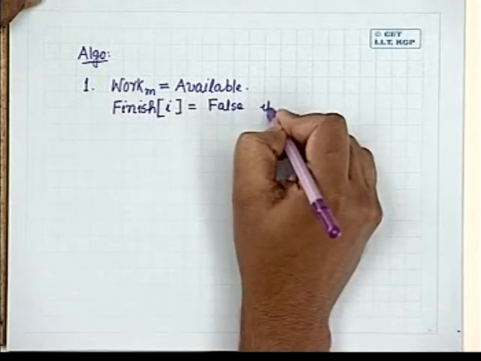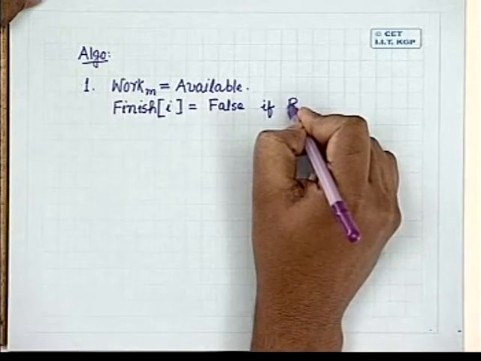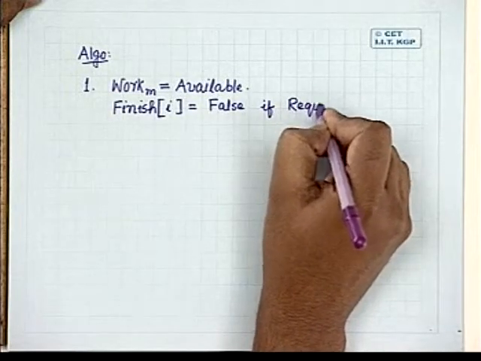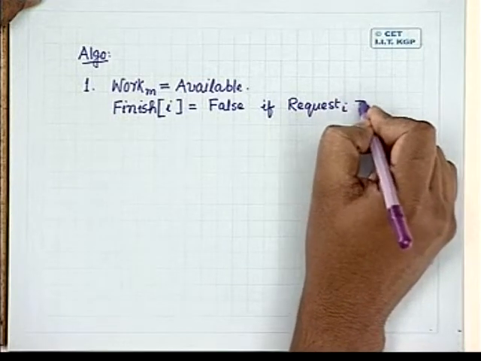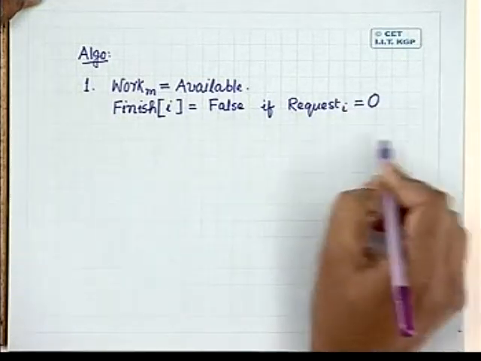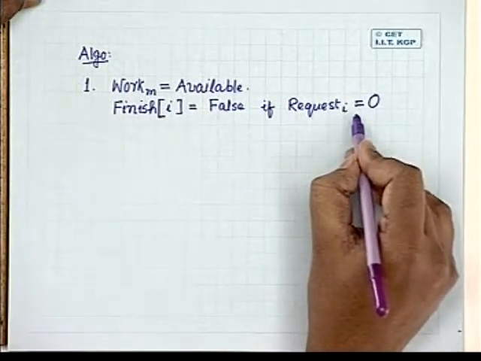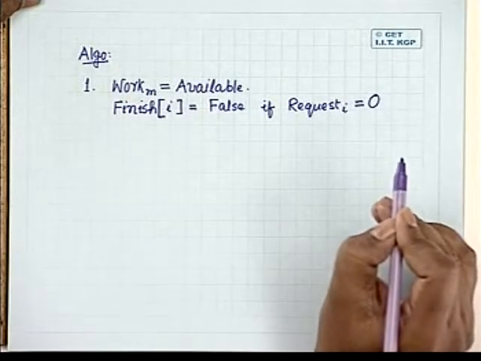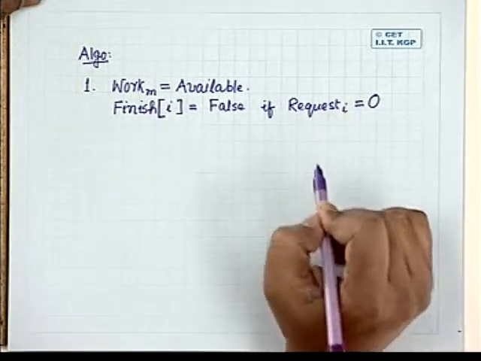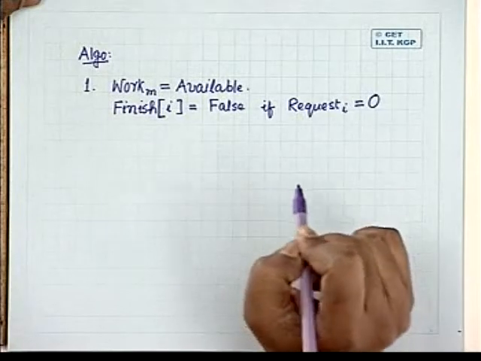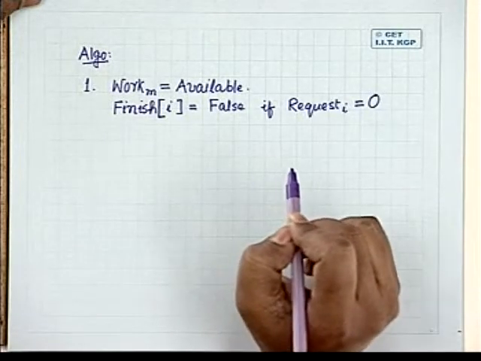if Request i is equal to 0. When I say Request i equal to 0, Request being a vector, this indicates that every component of the request vector is 0. Okay. So effectively that means that the process Pi has not put any request for any resources. Okay.